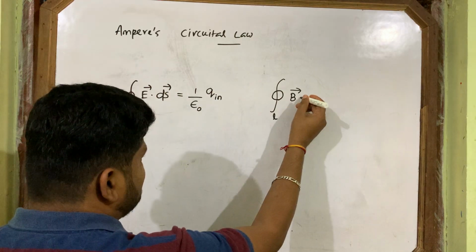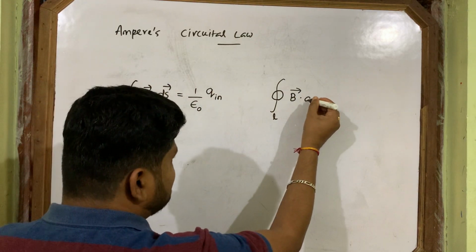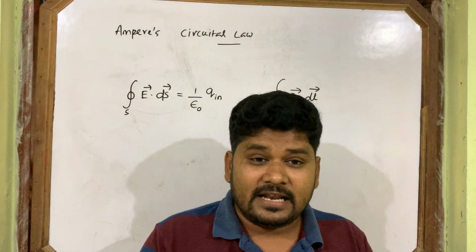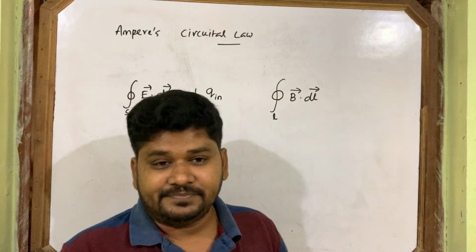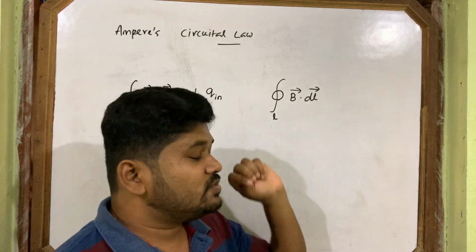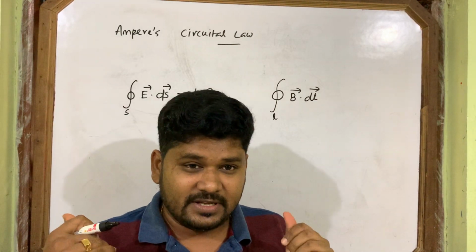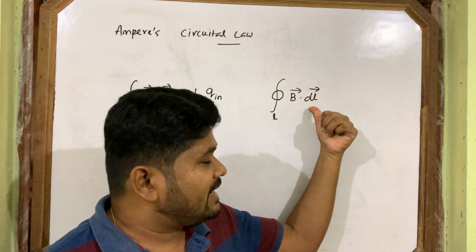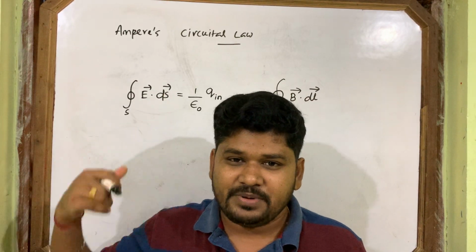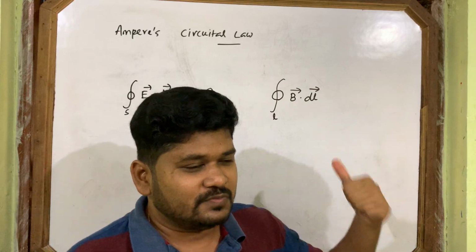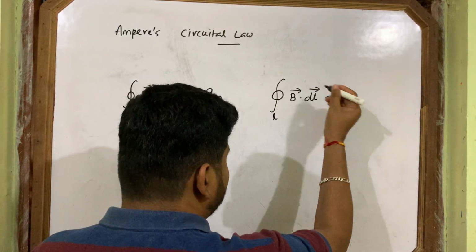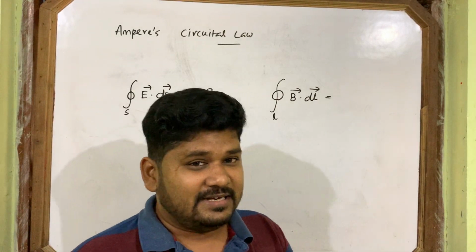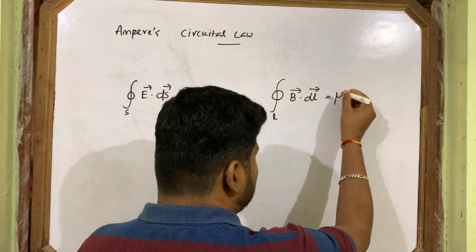Here is surface integral, here it is line integral. Line integral of magnetic field over a closed loop is equal to, here 1 by epsilon naught times, and here it is mu naught times.